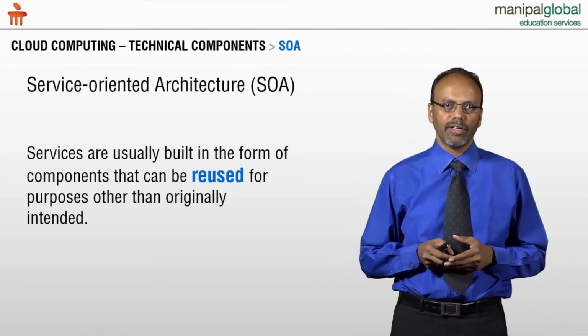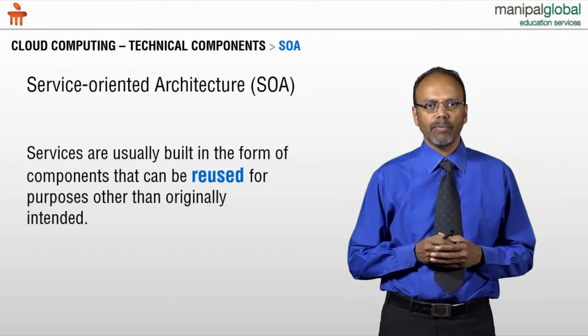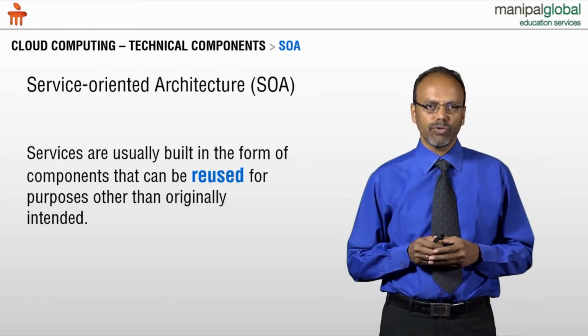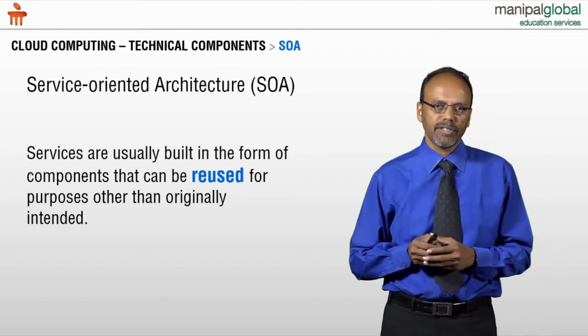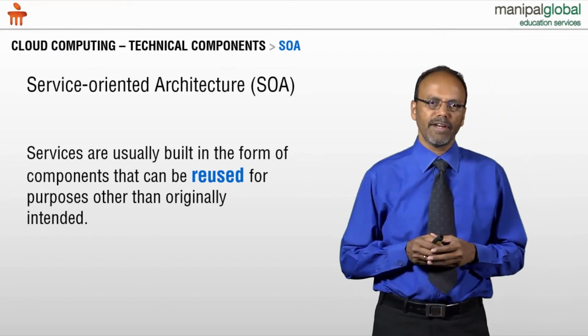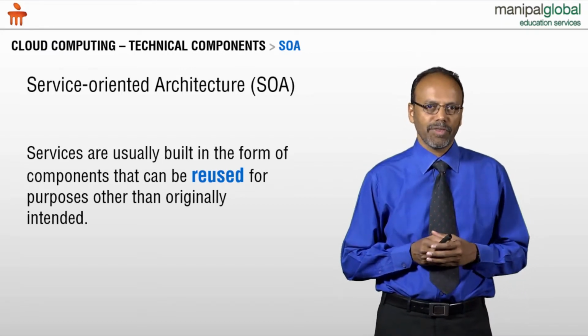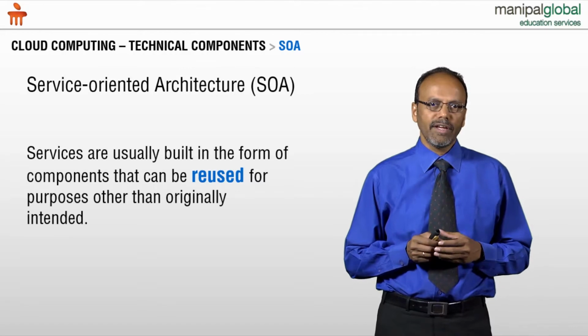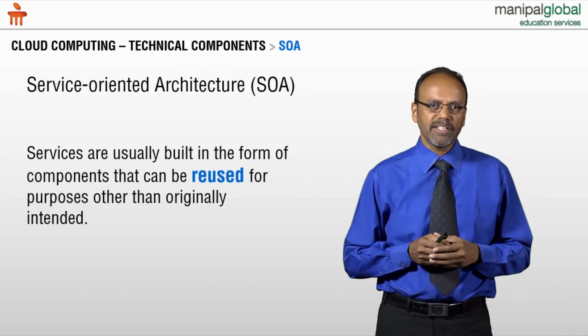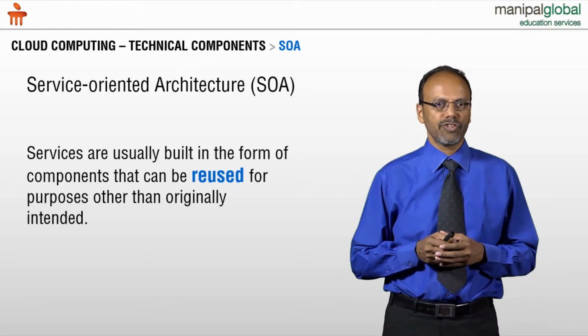Service-oriented architecture are services which are usually built in the form of components that can be reused. These components can be reused for purposes other than they were originally intended for. Just to understand this with a very brief example, if a company is already providing a price list to its vendors, it may be used internally by the organization.